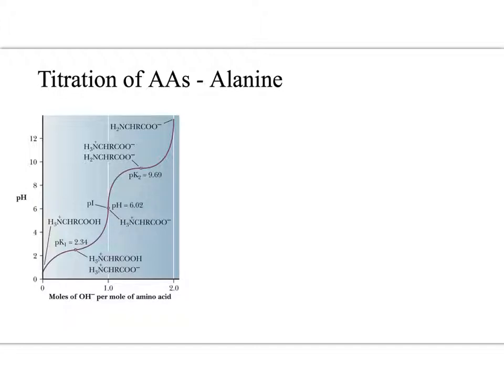You see at those leveling off points, in between there, where you are going to have your deprotonation occurring. And the number of humps in the titration curve, remember, is based on how many ionizable protons you actually have.